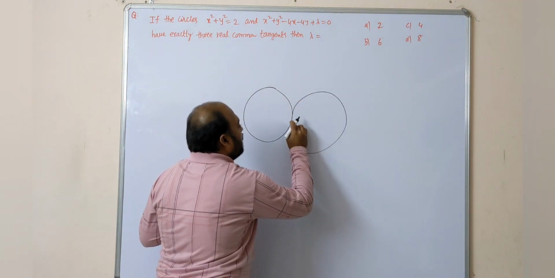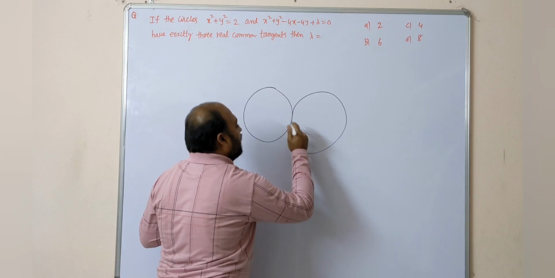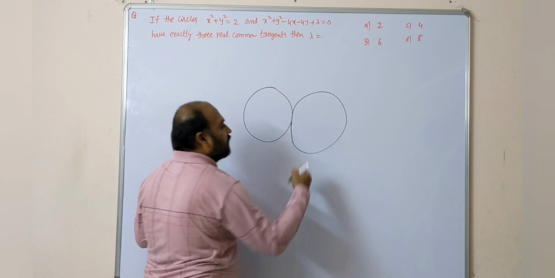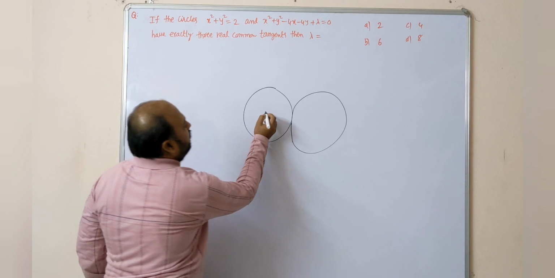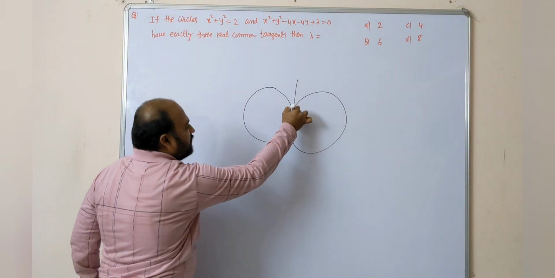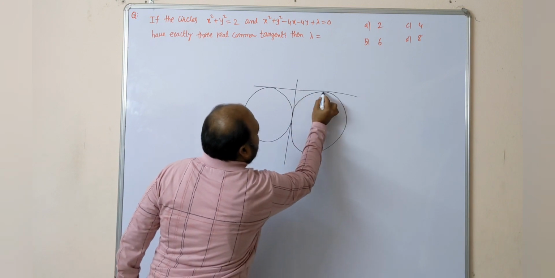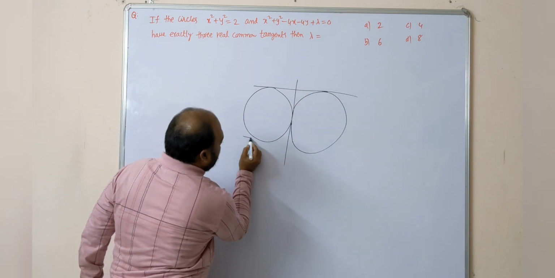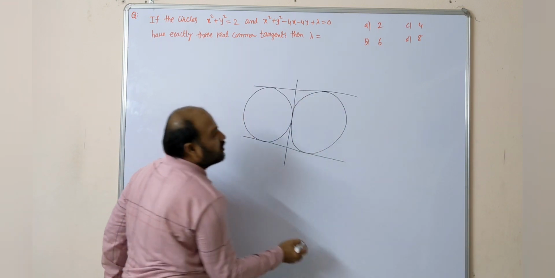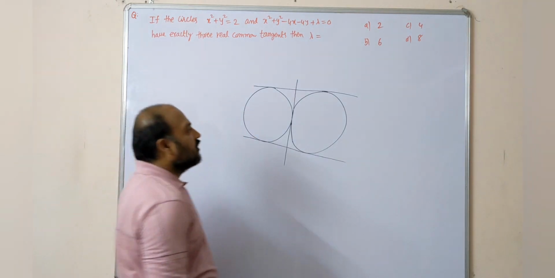So when the two circles touch each other externally, this is one common tangent now. This is another common tangent. This is also another common tangent. So 3 common tangents are there.